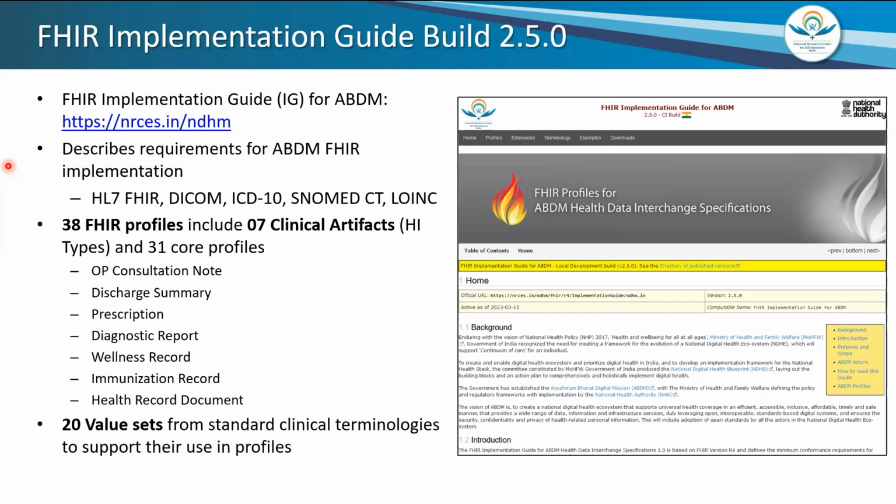To make this ecosystem standard adherent, we have identified FHIR as the standard. So whatever data is getting exchanged has to be standardized, and FHIR plays a role there. Whatever data is exchanged is FHIR enabled, and how that data looks like, what the rules are, and what the scope of usage is, is delivered by this implementation guide, which is a hosted website.